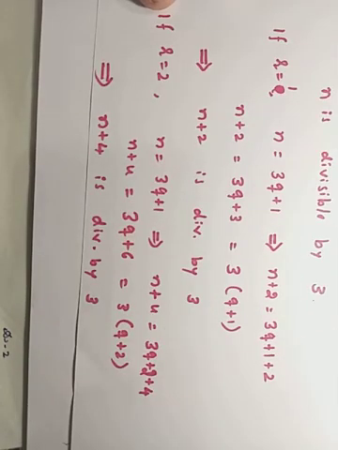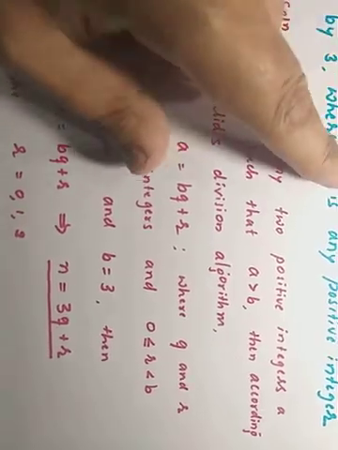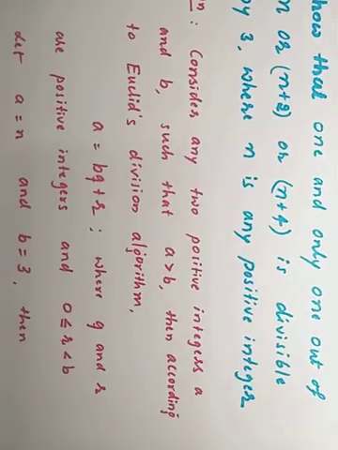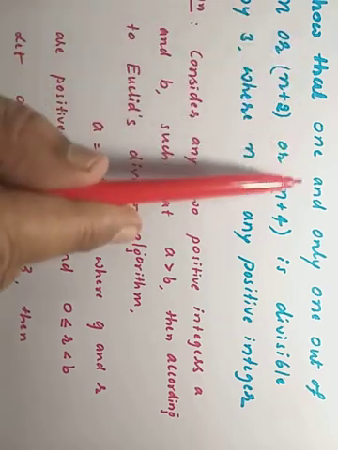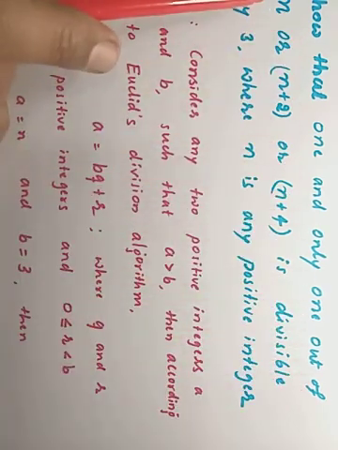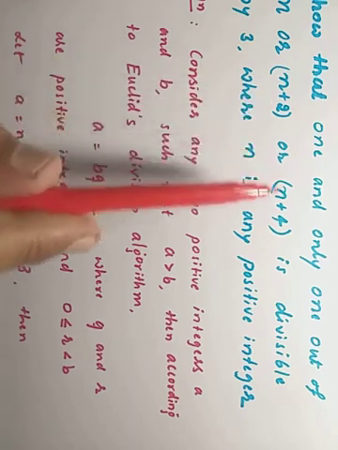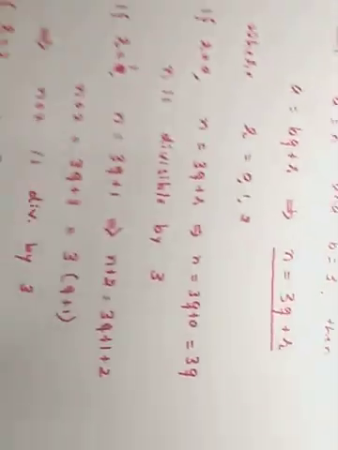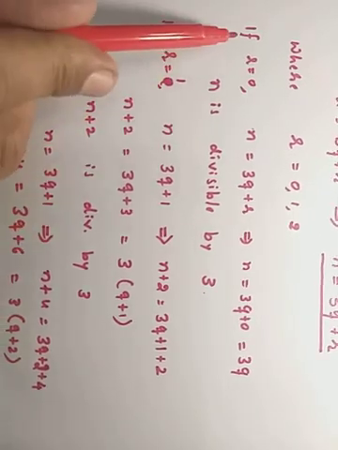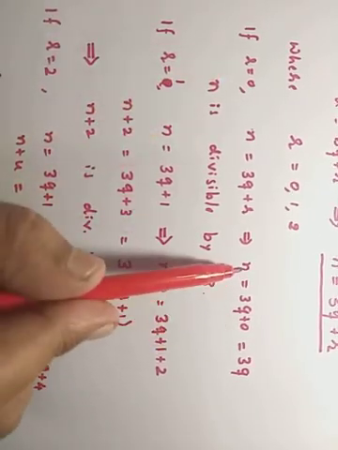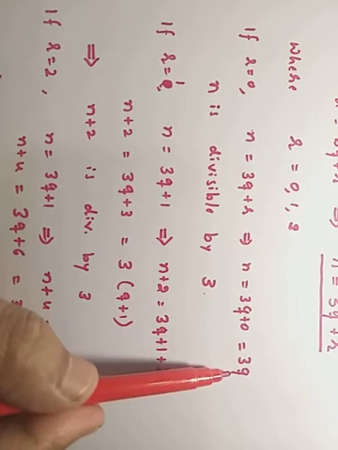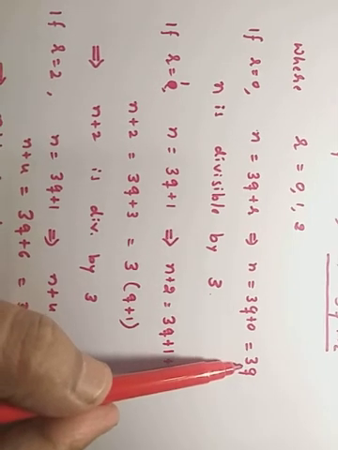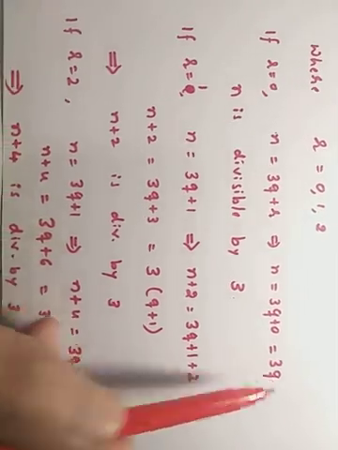Therefore, you have proved it. Read the question again. Your question says, show that one and only one out of n or n plus 2 or n plus 4 is divisible by 3. That is, you have proved that when r is equal to 0, n is divisible by 3 because it contains a factor, a multiple of 3.